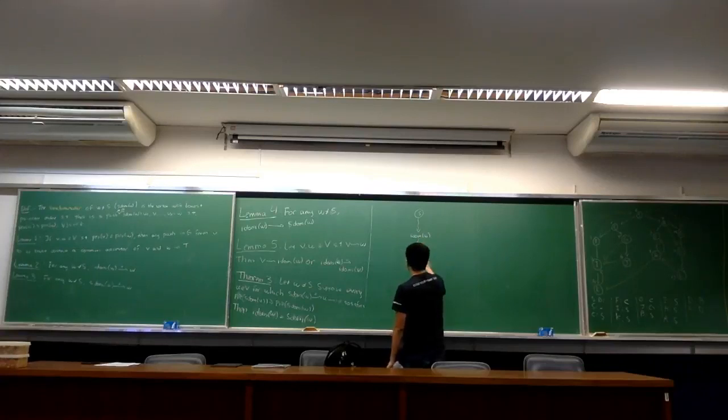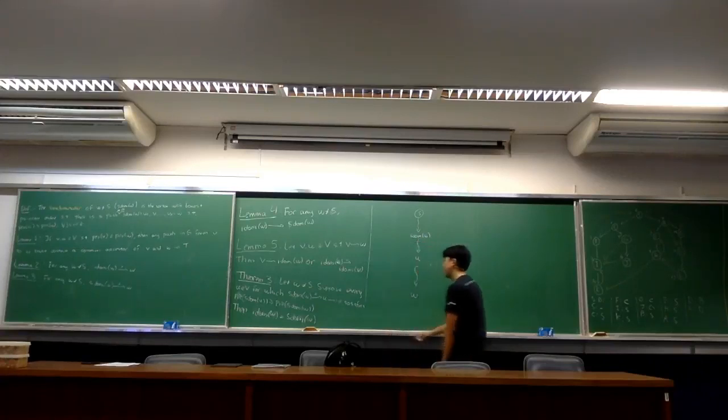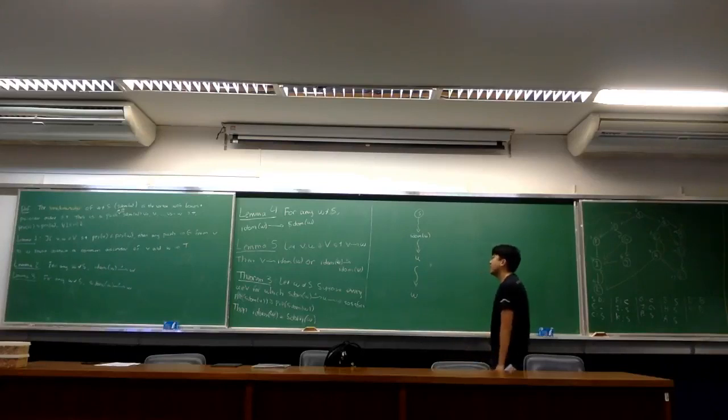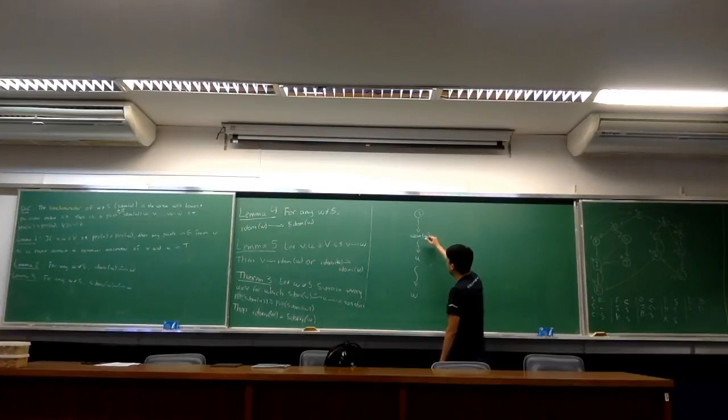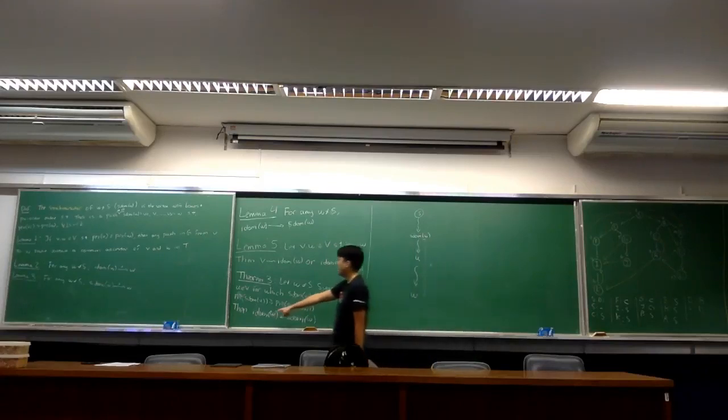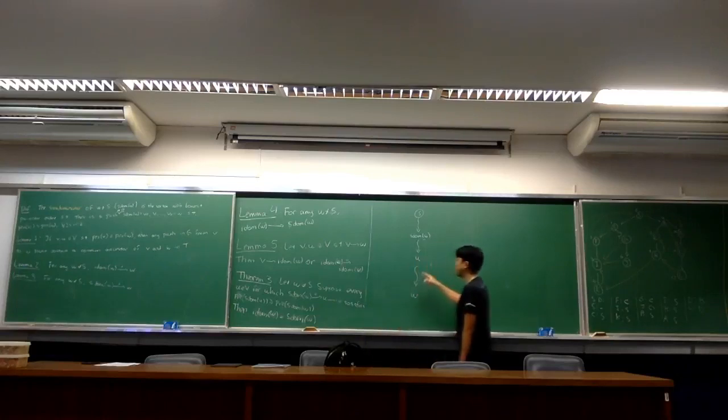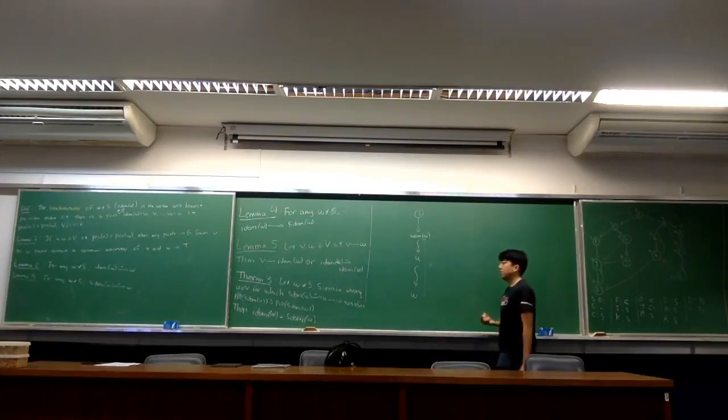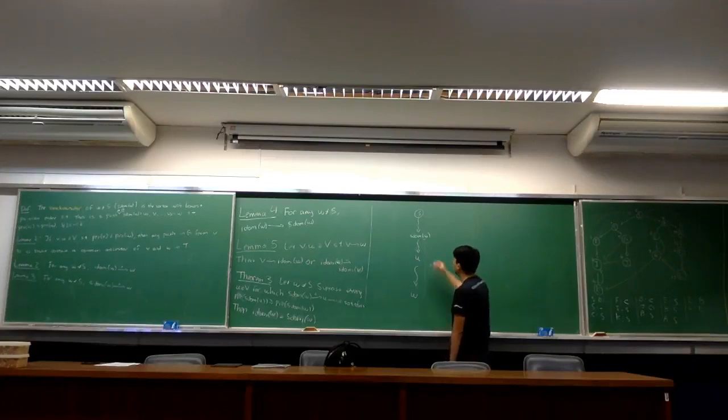And considering U. So the theorem is saying that for each U that lies on this segment of the tree path, if every single U satisfies this, which is the preorder of the sdom of U is greater than or equal to the preorder of the sdom of W, which means the sdom of U lies here or below, then the sdom of W is equal to the idom of W. Okay.